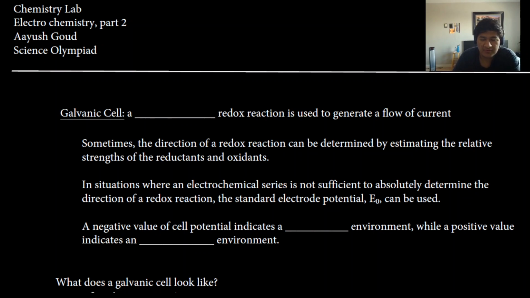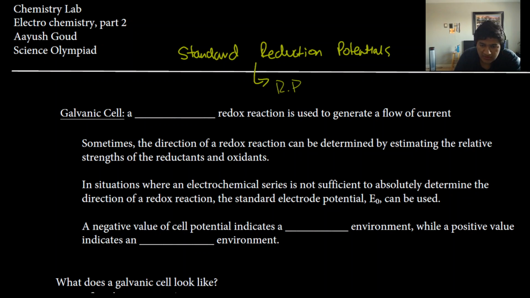So after we talked about reduction potentials, it's also important to talk about what standard reduction potentials are. Standard reduction potentials are essentially reduction potentials at certain conditions.